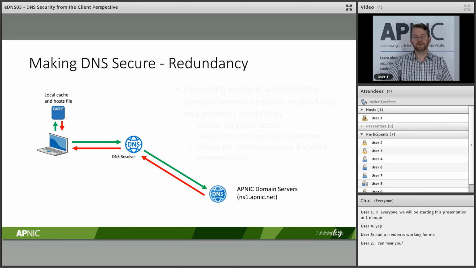Additionally, if you spread your DNS servers geographically and use Anycast for the IP addresses, that will allow for a better spread of DDoS attack mitigation as well, as those attacks will be localized to the closest DNS server, not just to the DNS servers that you've defined.